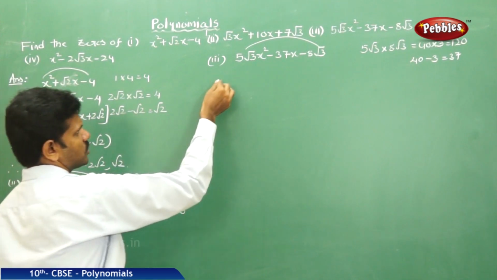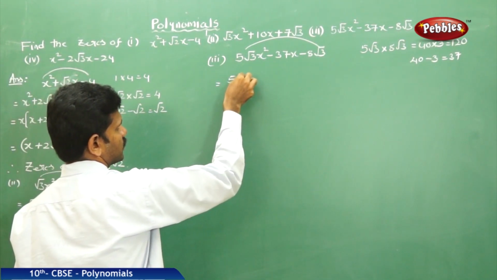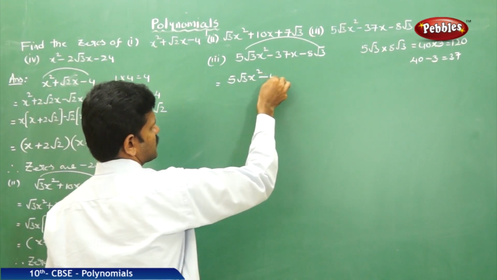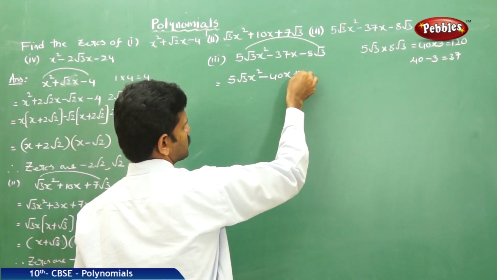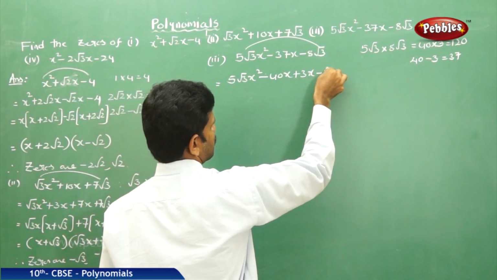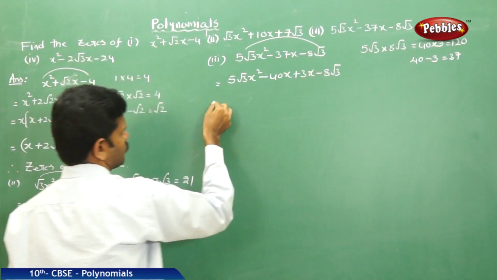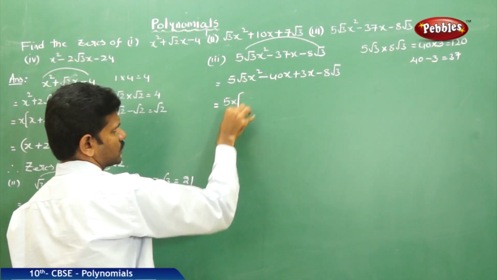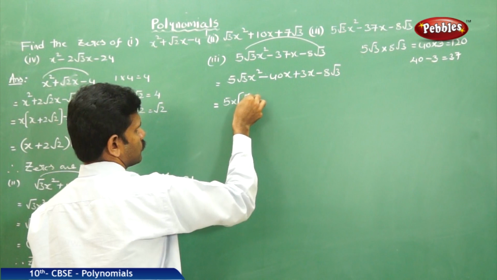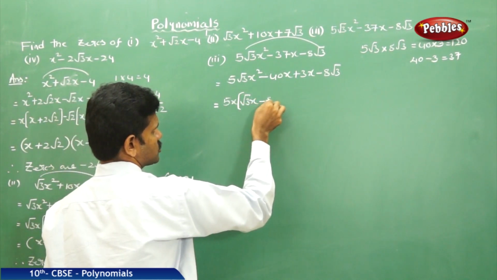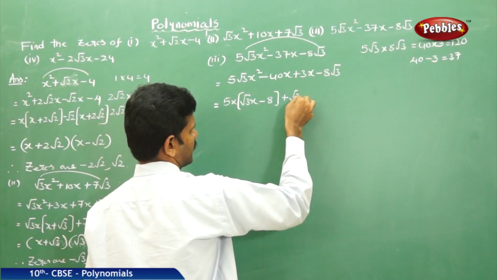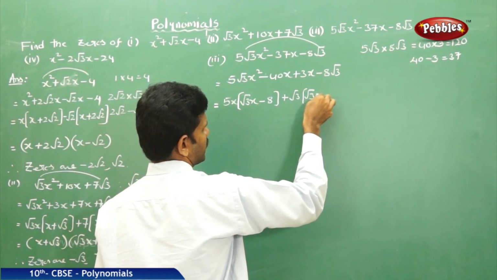Now arrange in order. 5 root 3 x square, next minus 40x plus 3x minus 8 root 3, that is equal to, take 5x common. If you take 5x common, root 3x minus 8, plus take root 3 common, root 3x minus 8.